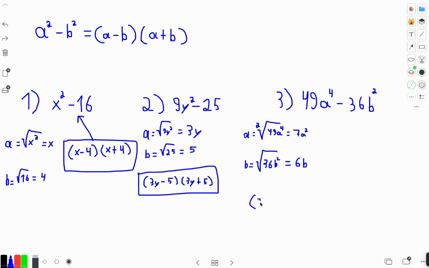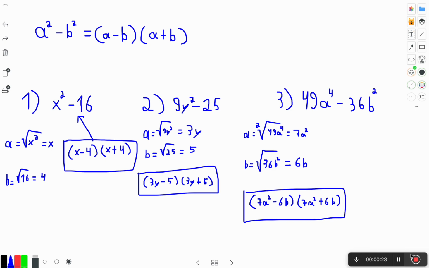So we're going to have 7a squared minus 6b, and we're going to have 7a squared plus 6b. Okay guys, take some notes, and now we're going to move on to a question that's a little bit more difficult.